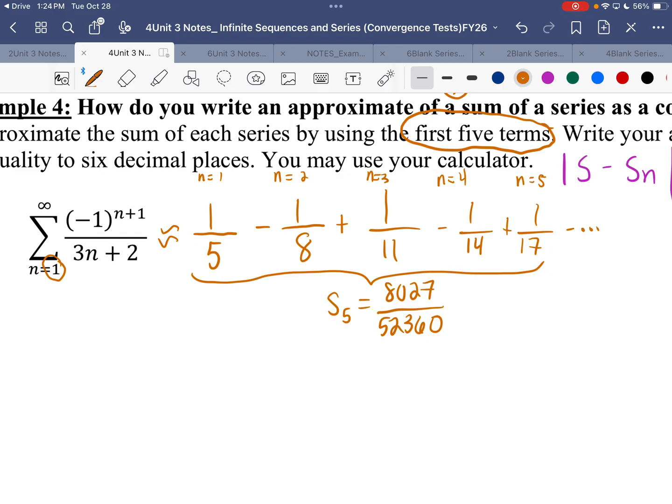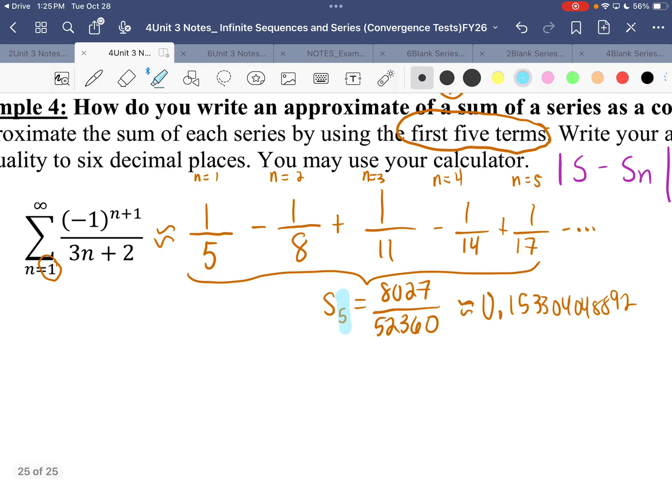Correct. If you did it as a decimal, it'd be like that. I'm just going to write it as a fraction because I find that a lot easier than the decimal, but you do you. So this is Sn.